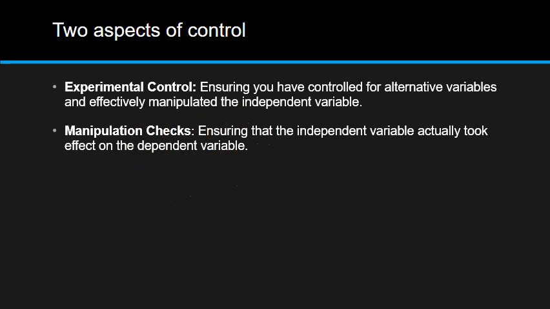And then you have manipulation checks. What this is making sure is that your change in X actually had an effect on Y. Sometimes you didn't do enough to make X have an effect on Y. So you have to make sure that X actually did something to your sample so that Y could actually be affected.